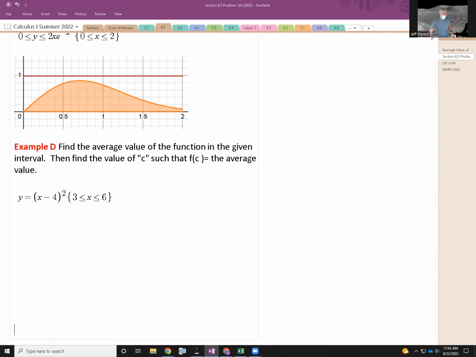In this case, our function is f of x equals x minus 4 squared on the interval 3 to 6. So this is example D.